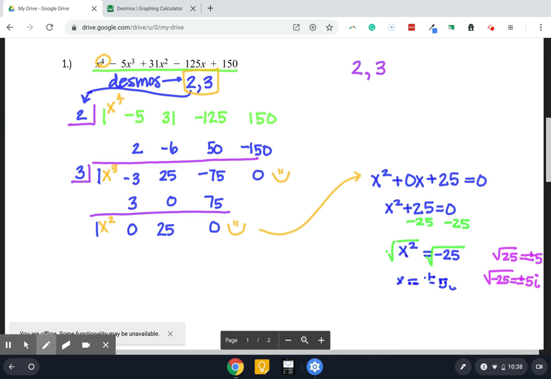I swear there's a dead spot in my Chromebook right here. Whatever. 5i. And so when I come back up to the top of my paper, so to speak, I record those as my final two solutions, positive 5i and negative 5i. And that gives me the 4 solutions that this problem is calling for.